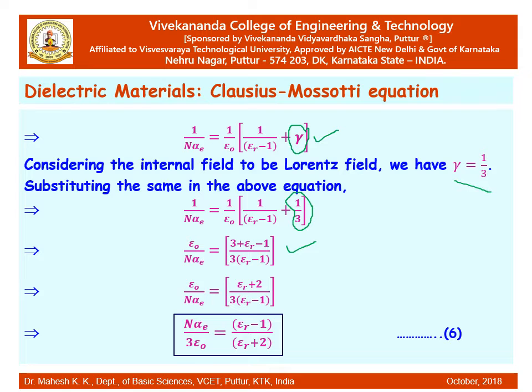The left hand side is the same, and simplifying the right hand side we have (epsilon r plus 2) divided by 3 into (epsilon r minus 1).